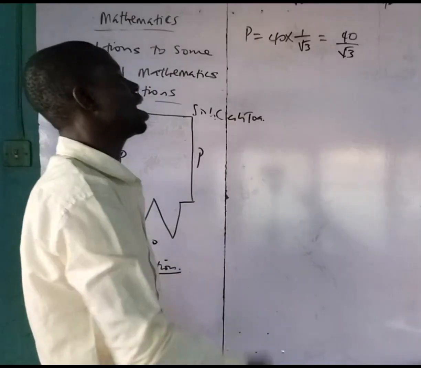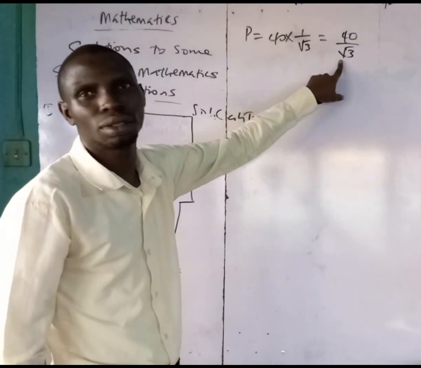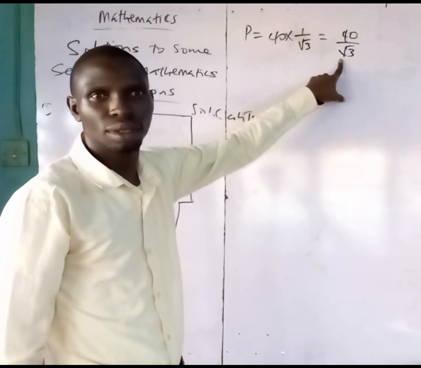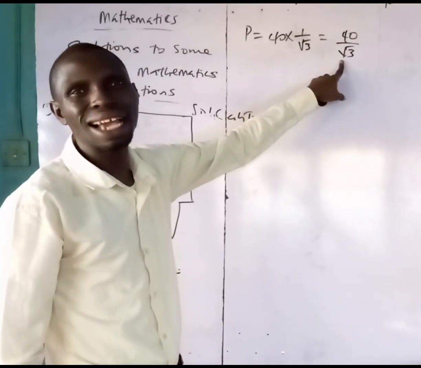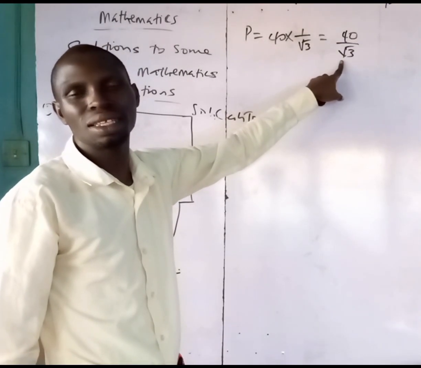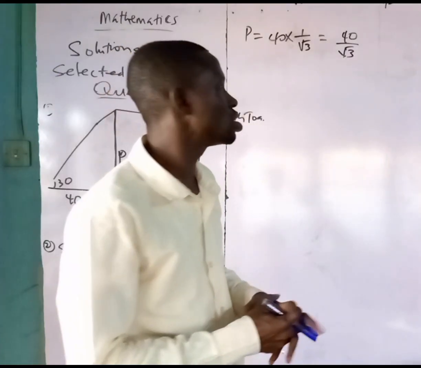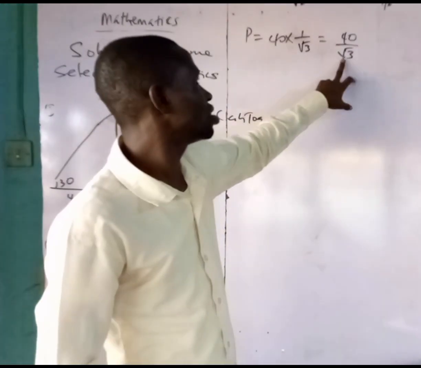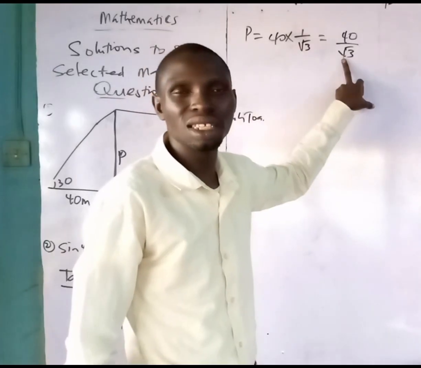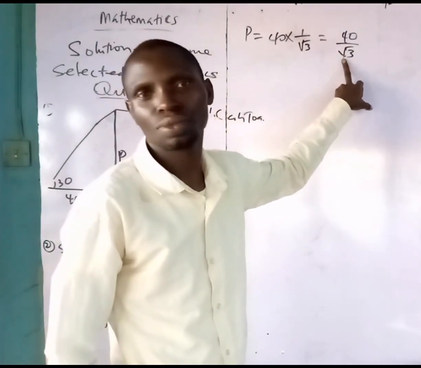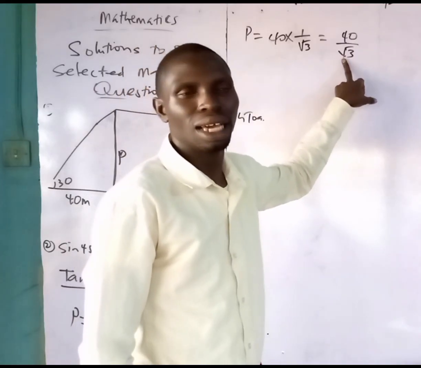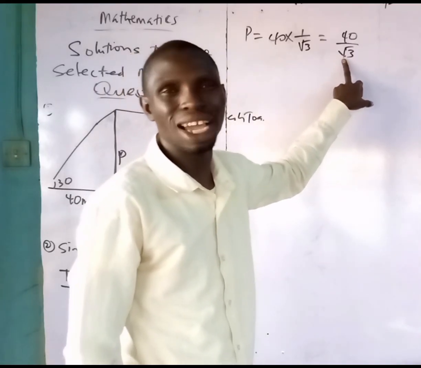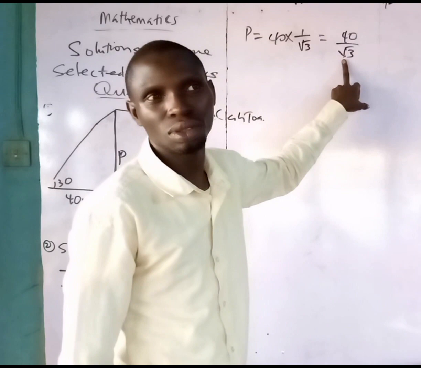Now you still remember this is a surd. In this surd, what we have to do is rationalize the surd. What do we mean by rationalizing the surd? Rationalization of a surd means ensuring that there is no root in the denominator of a fraction. We have a surd class, a surd video or tutorial on this same channel.